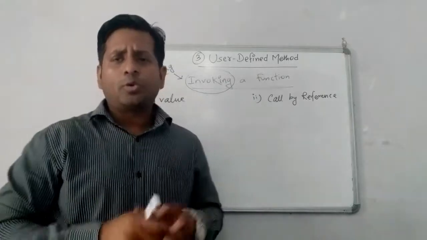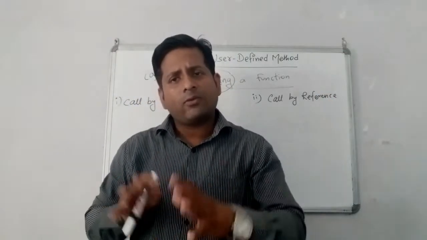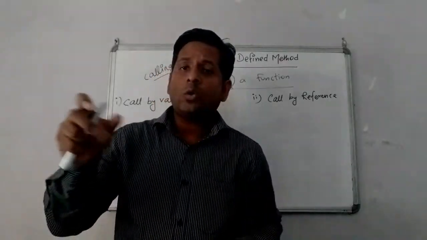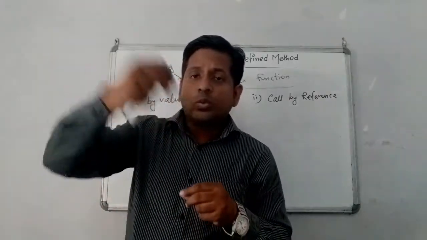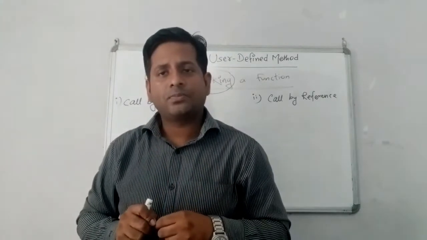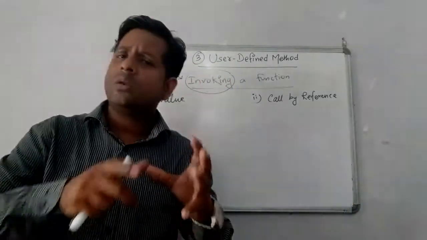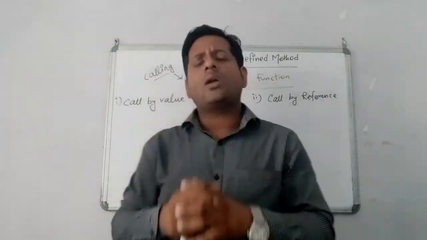Now when we do output or when we do process, we need the input part also. When you are doing processing work, you need input, then only you can do process. When you are doing an output, you need a process part, then only you can display. So we need to call the function in another function so that we can utilize it, we can work on that. So when we call the function, that is known as invoking a function.